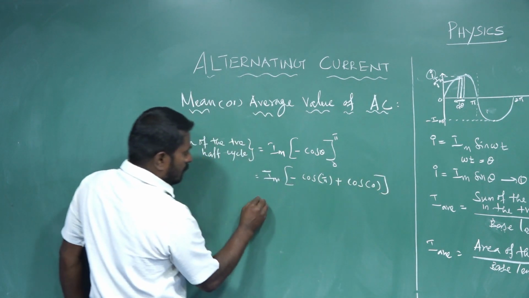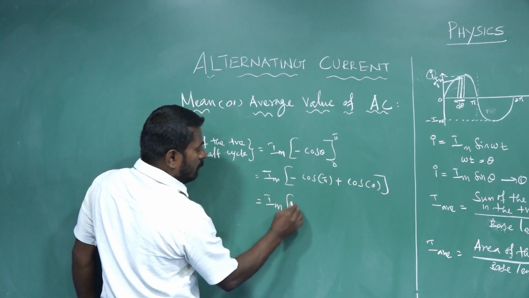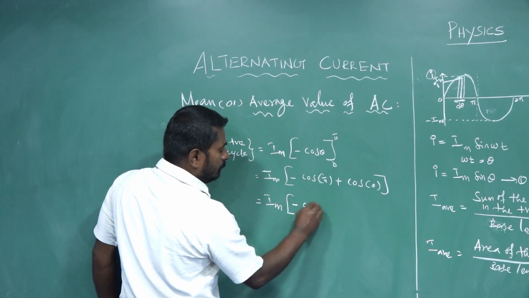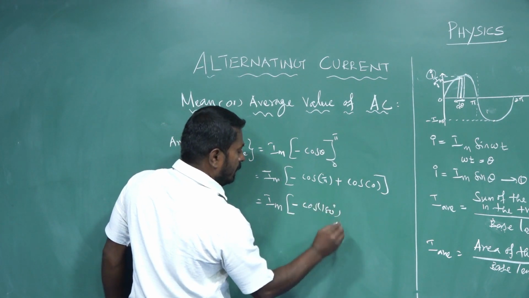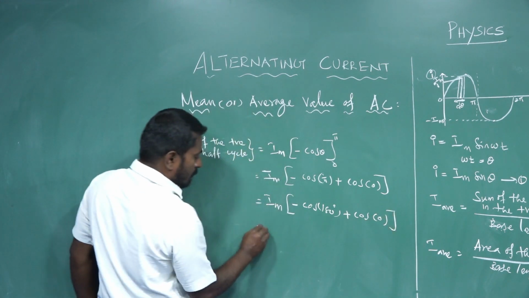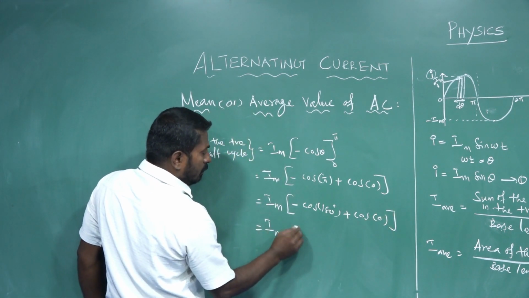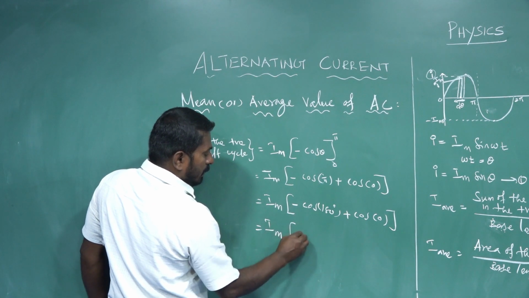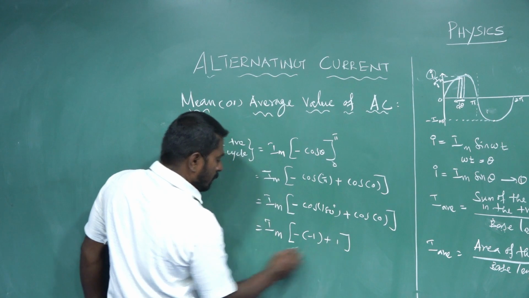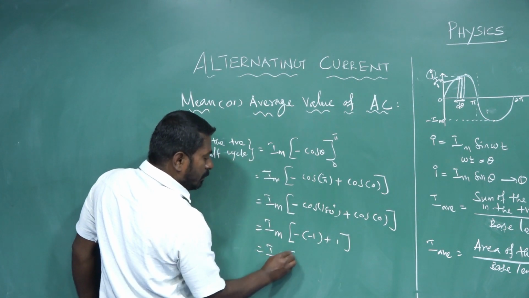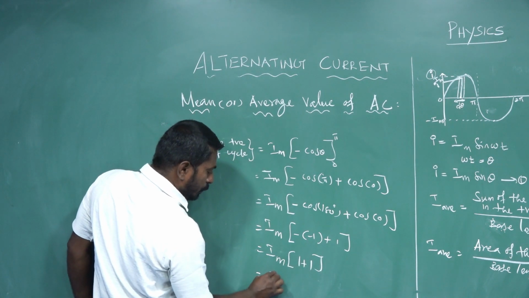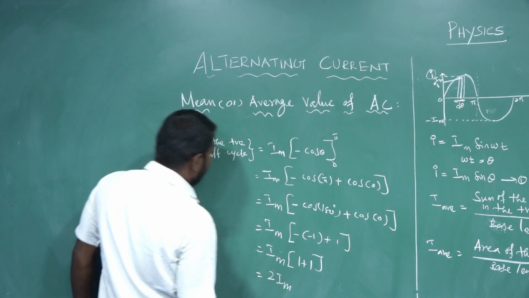Cos 180 is minus 1 and cos 0 is 1, which is equal to Im times 1 plus 1, which is equal to 2 Im.